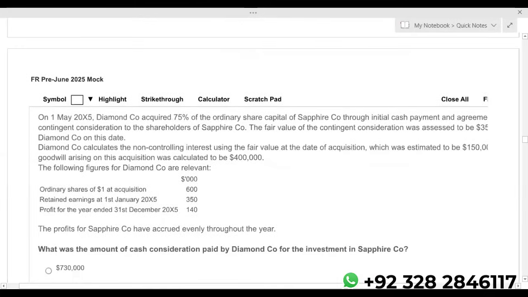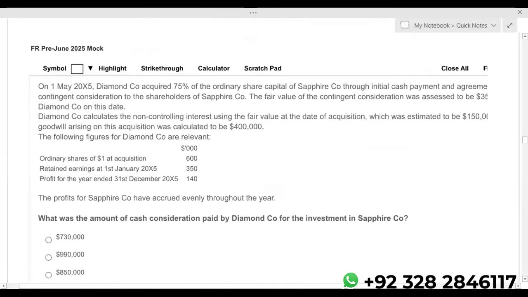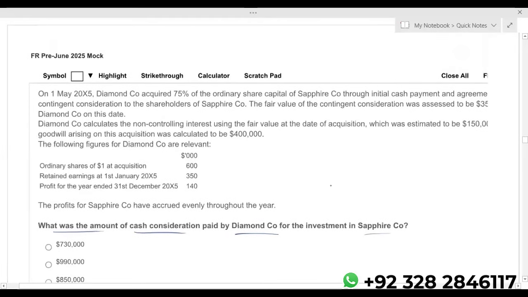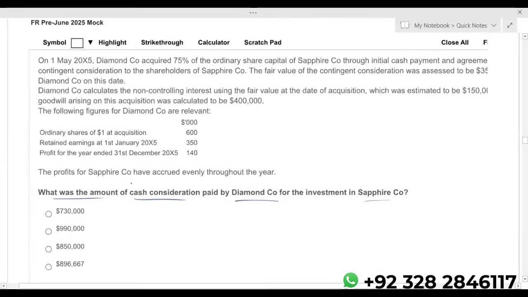Let's move. Okay, what is this? What was the amount of cash consideration paid by Diamond Company for investment in Sapphire Company? We need to calculate cash consideration paid.